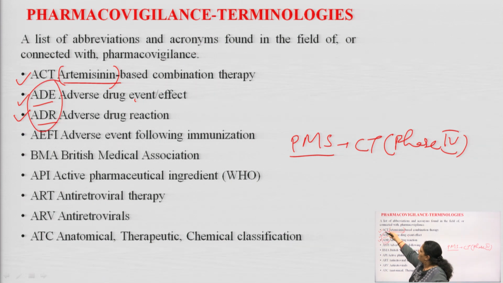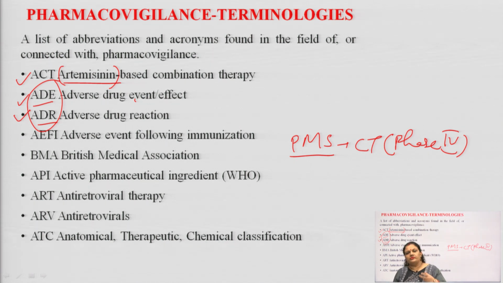Students, here I want to tell you the basic difference between adverse drug reaction and adverse drug event. Adverse drug reaction means that when we take any medicament against any disease or ailment, the drug dissociates inside our body and binds with the specific receptor site.